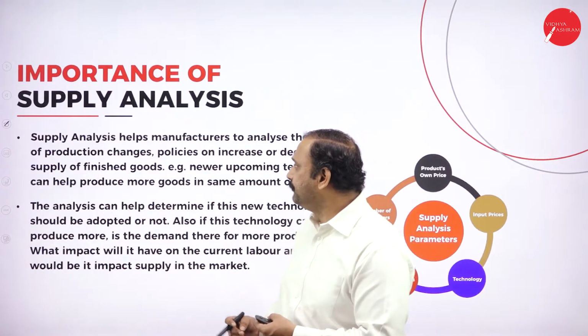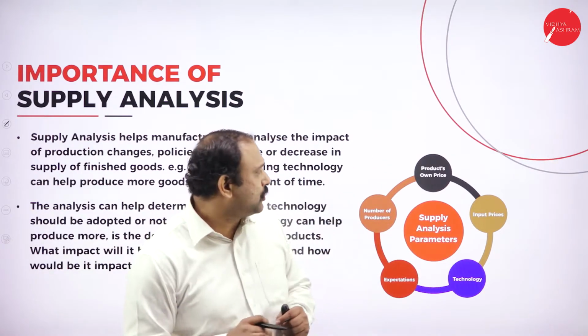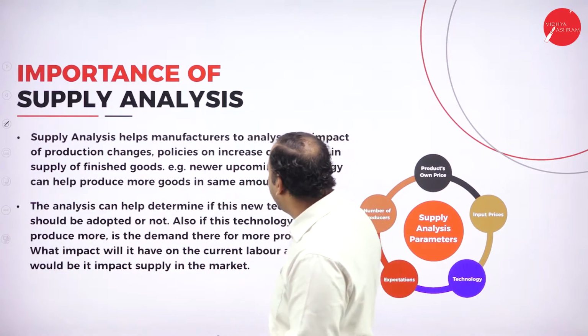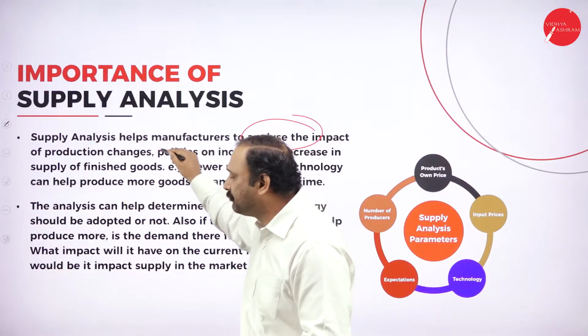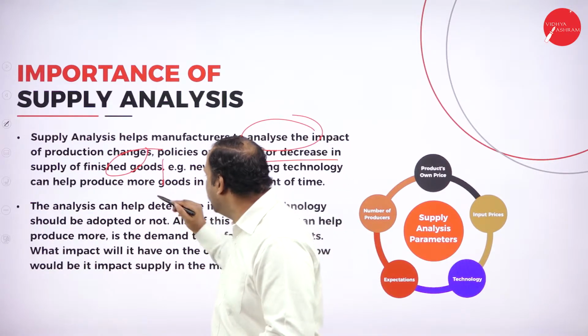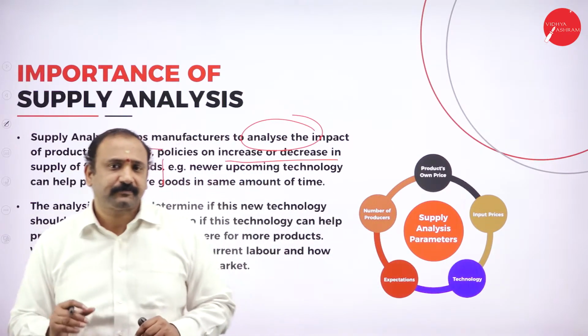Now, moving further, the importance of supply analysis. What is the importance of supply analysis? The manufacturer analyzes the impact of production changes and policies on the increase or decrease in finished goods. Let's try to understand this statement.